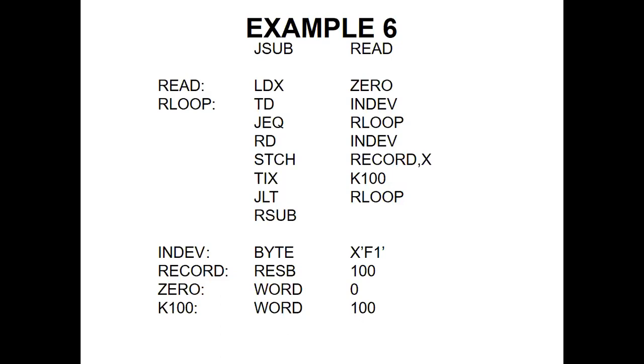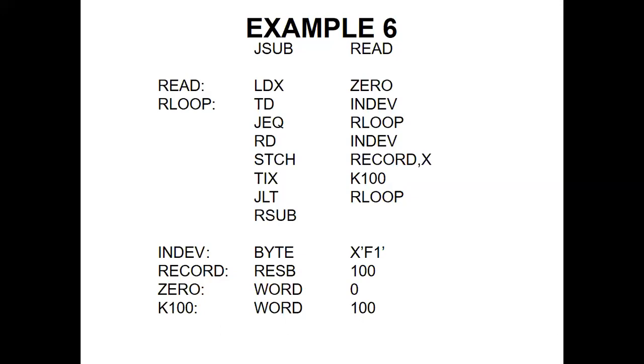So we read the input device, okay? And then we store the character we have read, because you remember when we read, the character goes into the accumulator. So now we store what is in the accumulator to record, comma, X.